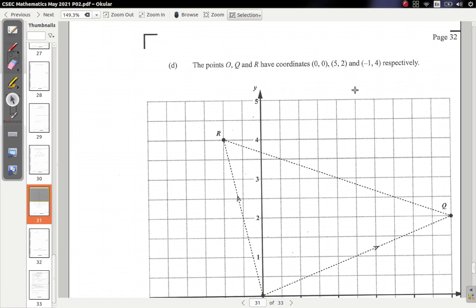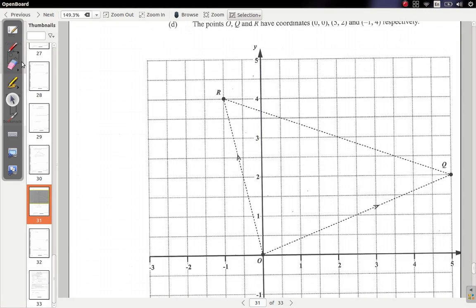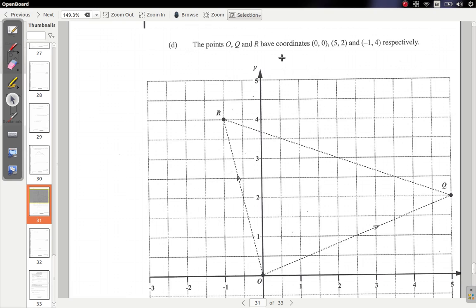The points O, Q, and R have coordinates 0, 0. That's the origin. 5, 2.